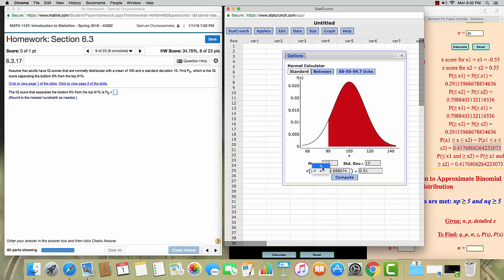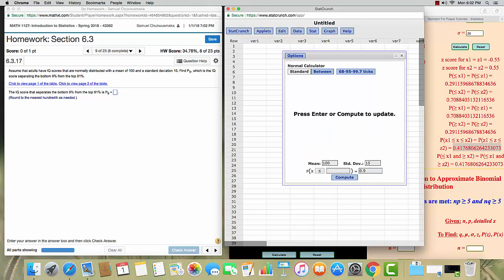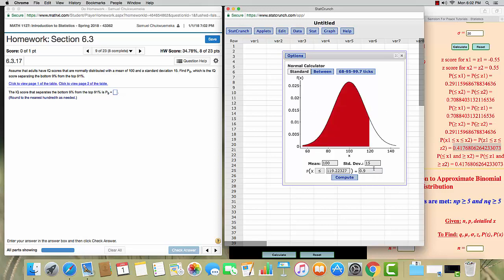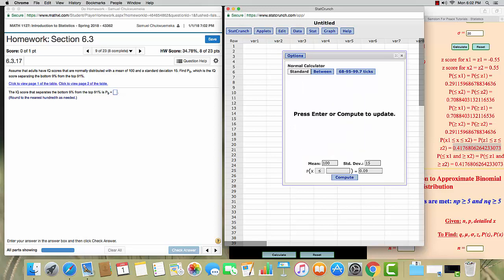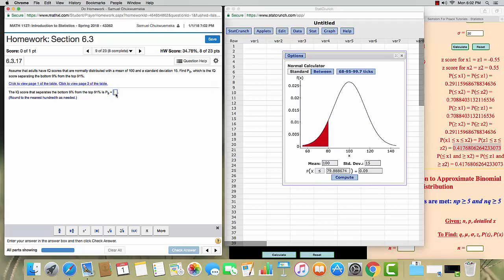Or you put 0.09 and press enter. So the answer is 79.89, the IQ score.